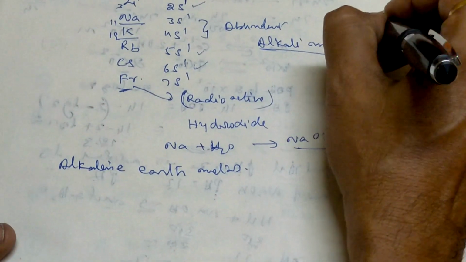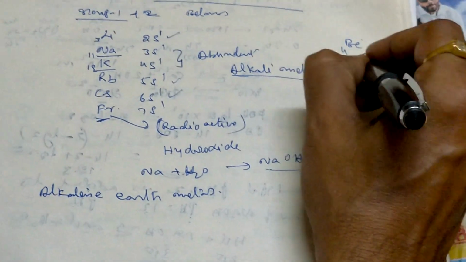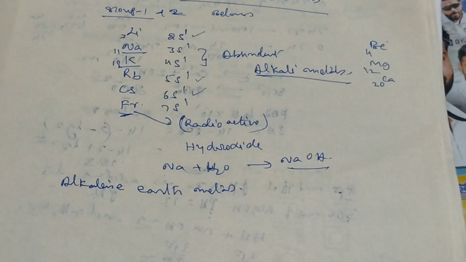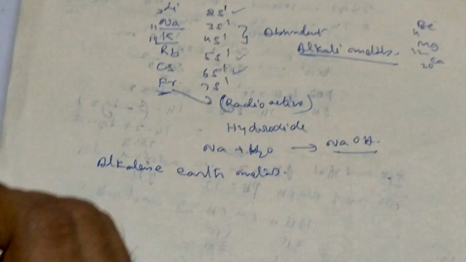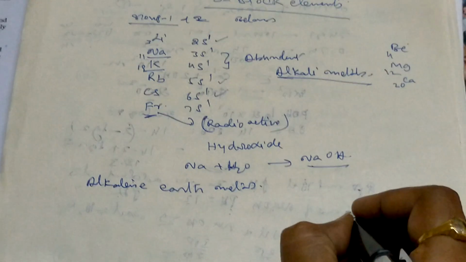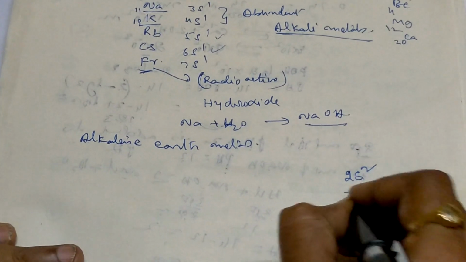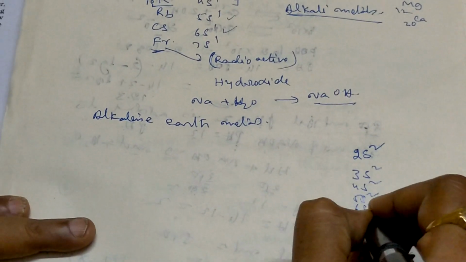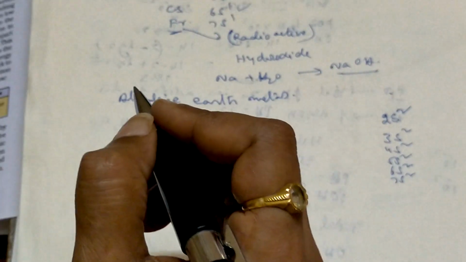After lithium comes beryllium, then 4 plus 8, 12, magnesium, plus 8, 20, calcium, and it goes on: beryllium, magnesium, calcium and so on. Now the electronic configuration of the alkaline earth metals is 1s2 2s2, starting with 2s2, 3s2, 4s2, 5s2, 6s2, and 7s2 also you can write. They are all alkaline earth metals.